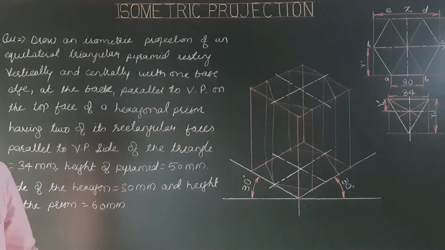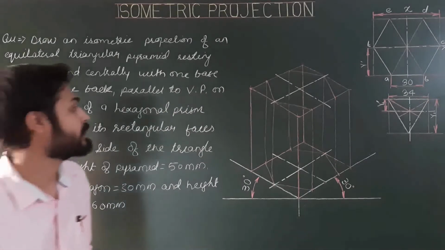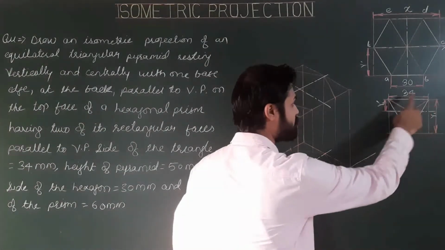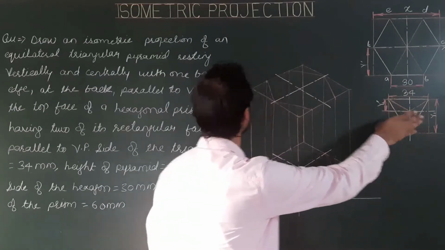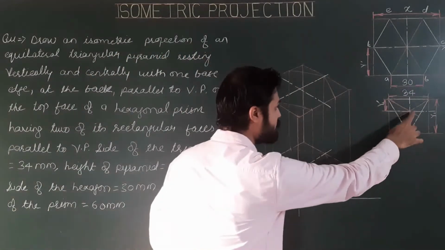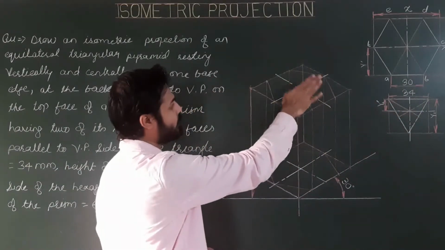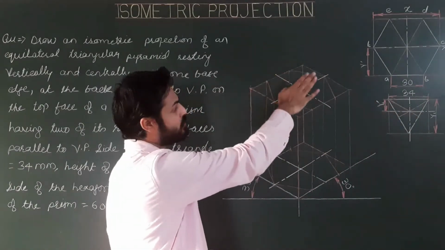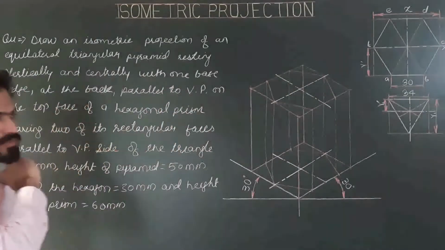Right. So this is the center of triangular base of the second solid, triangular pyramid, which is to be projected centrally on the upper hexagonal face of the prism.